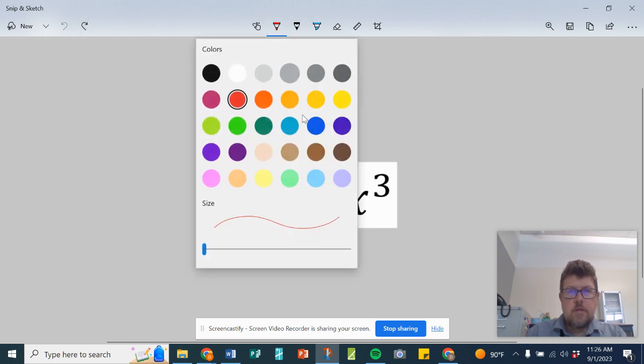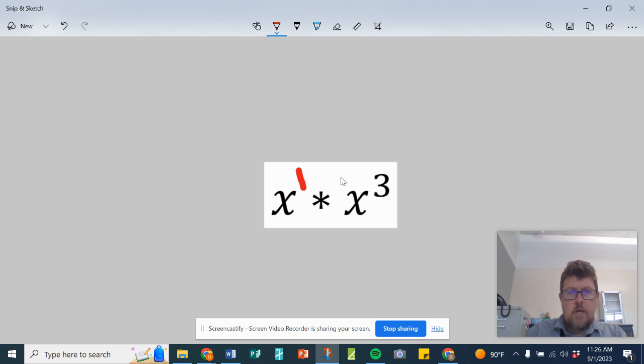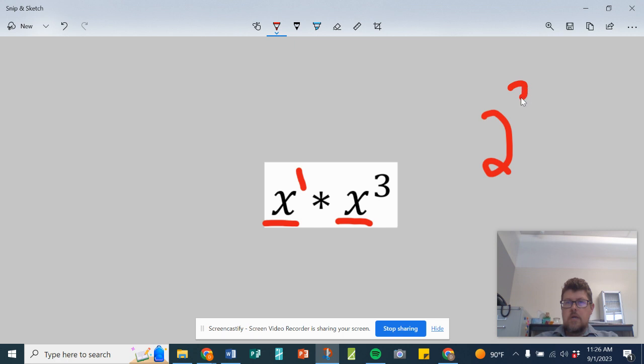You're going to keep the base the same. You can also have something like 2 cubed, where 2 would be the base and 3 would be the exponent. So you're going to keep the base the same and add the exponents.